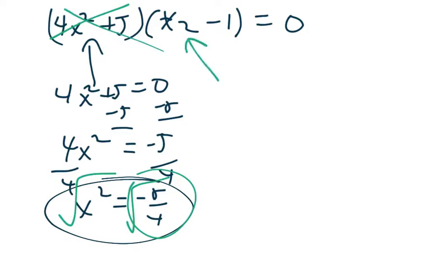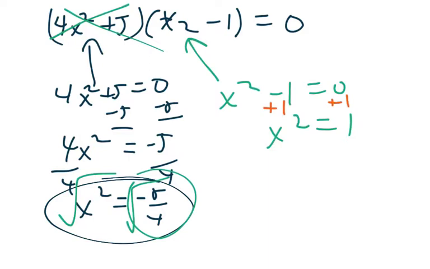However, if we look here, I know x squared minus 1 equals 0. If x squared equals 1, again, all I really did was add 1 to both sides. And if x squared equals 1, once I do the square root, x must equal either positive 1 or negative 1.